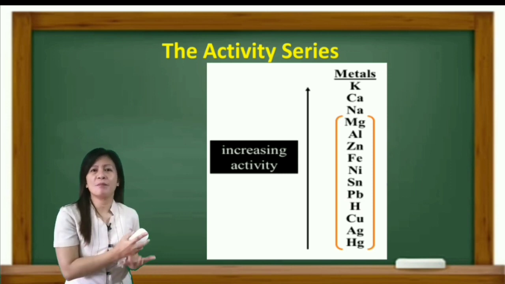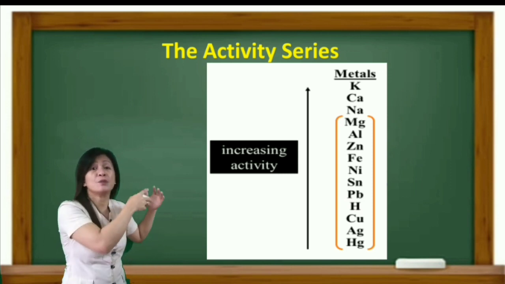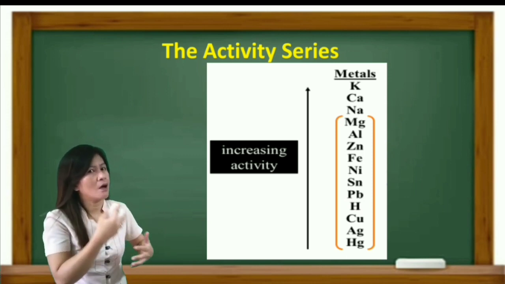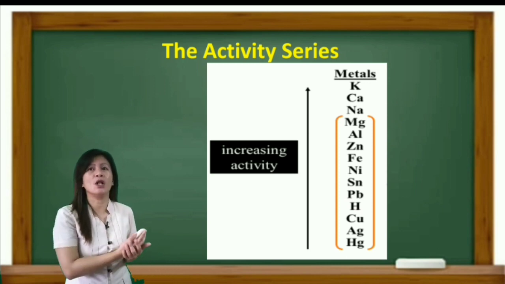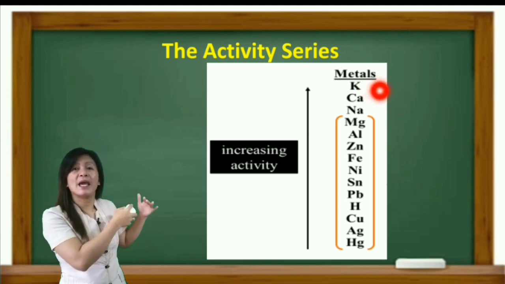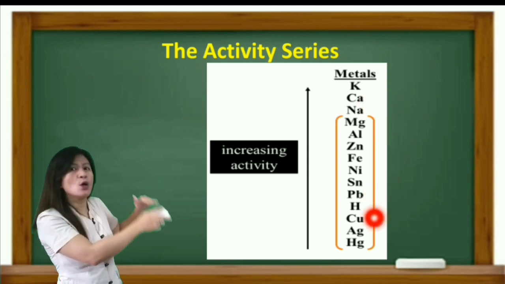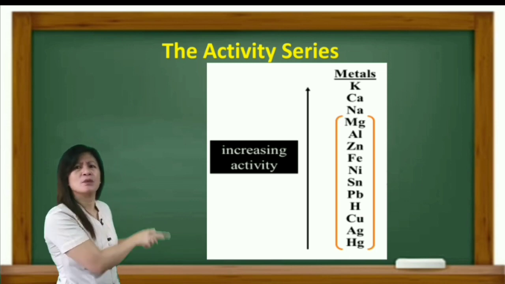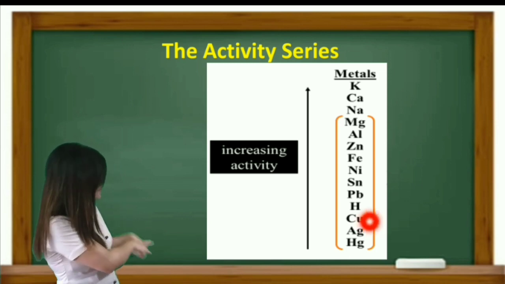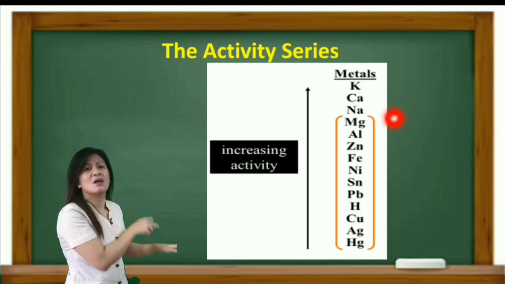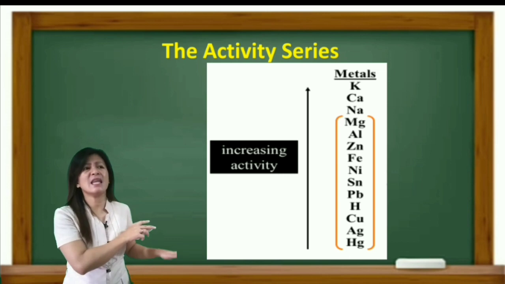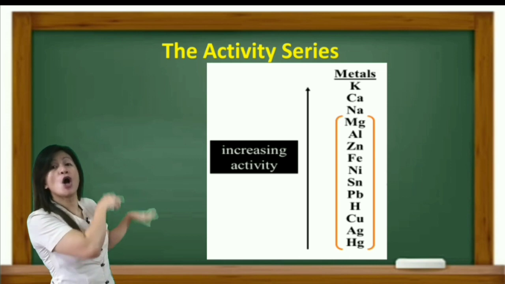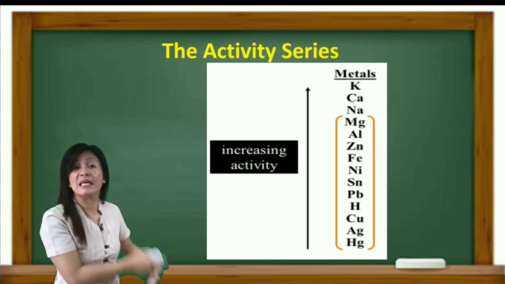What does it mean for the activity series of metals? When a free element is of a higher position than the element it will replace from a compound, it means that the single replacement reaction is possible. For example, potassium can replace all those elements below it from a compound in a single replacement reaction. On the other hand, mercury, being the least active, cannot replace any of the elements above it because they are more active than it.